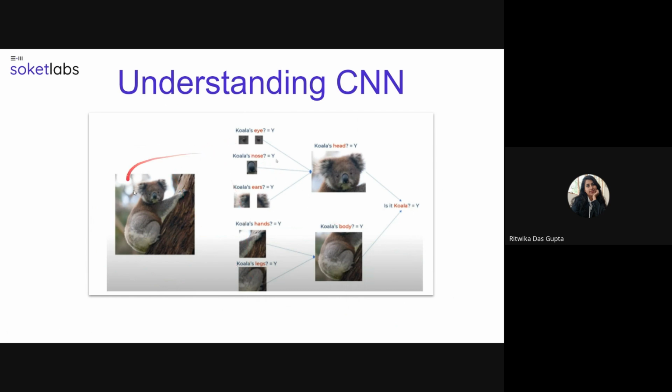CNN works like that. For example, this is a koala bear's image. We have all the features in here. All the features combined together give the head, the hands and legs combined give the body, and then finally it denotes what kind of image it is.